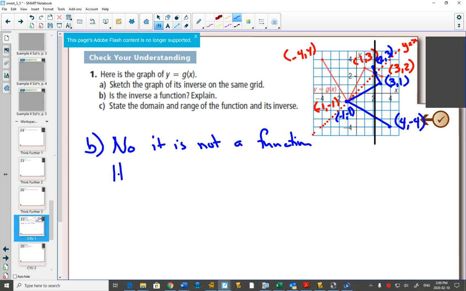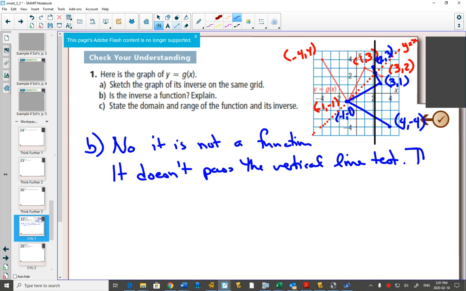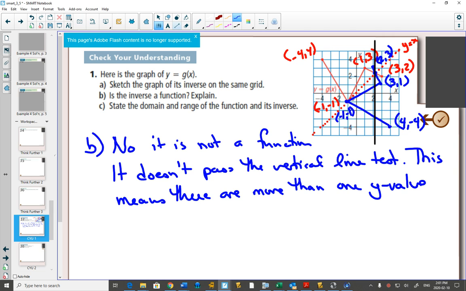It doesn't pass the vertical line test. What does that mean? This means that if there's more than one y value, right here, there are 3 y values for a given x value.